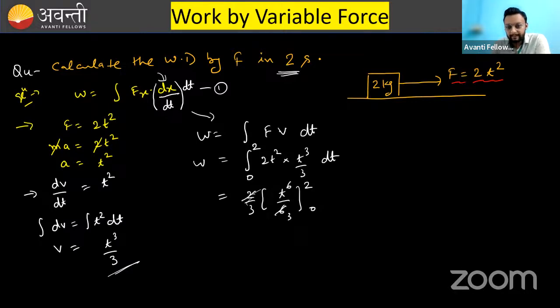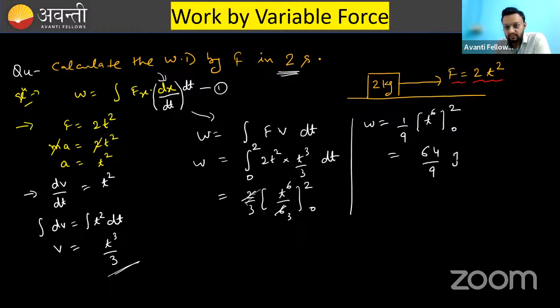So I can write work done is equal to 1 by 9 t raised to the power 6, from 0 to 2. If I put the limit, it will become 2 raised to the power 6, that is 64 by 9 joule.